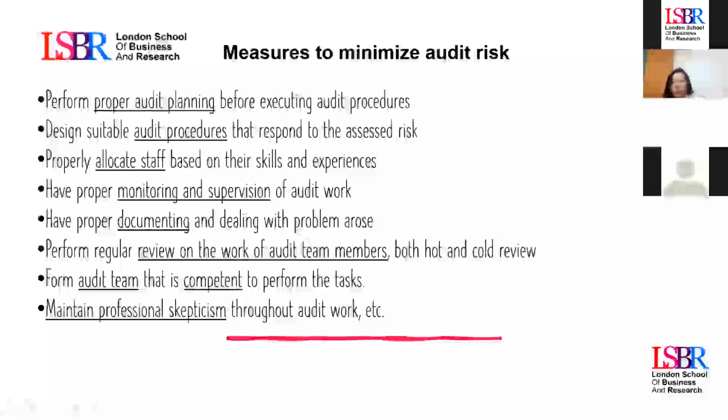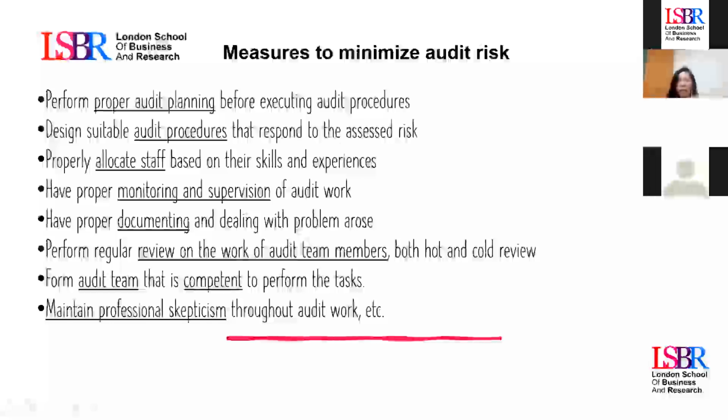Remember, audit risk is associated with giving an incorrect opinion about whether the financial statements of the company reflect the economic situation of the company. Another measure is to allocate the staff according to the size and necessities of the company being audited. Another is monitoring and supervision.